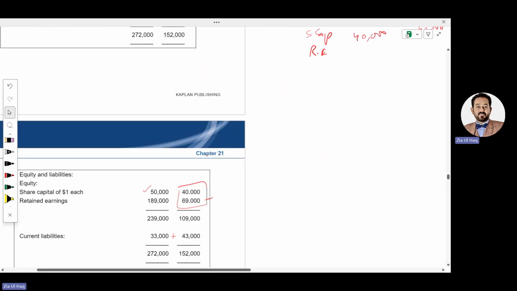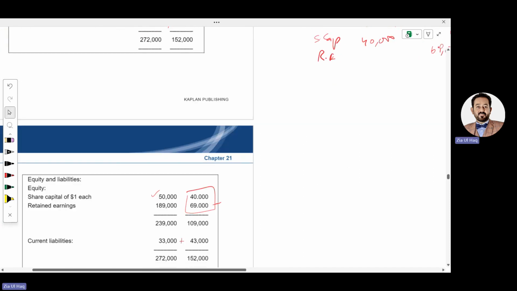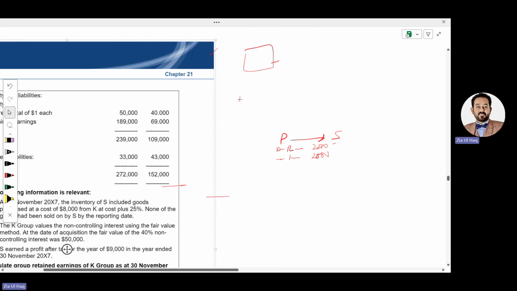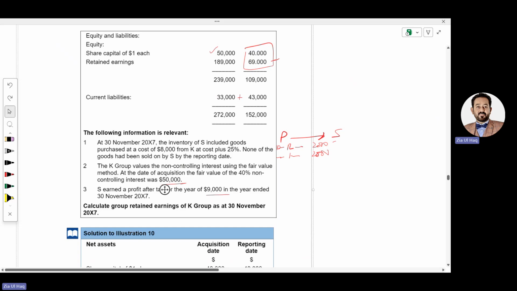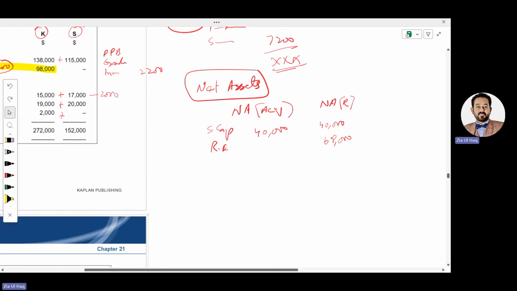Retained earning at the reporting date is 69,000. They made a profit of 9,000 during the year, so the acquisition date figure will be 60,000, because the difference is 9,000. So 100,000 is the fair value of net assets acquired, while the reporting date is showing 109,000.